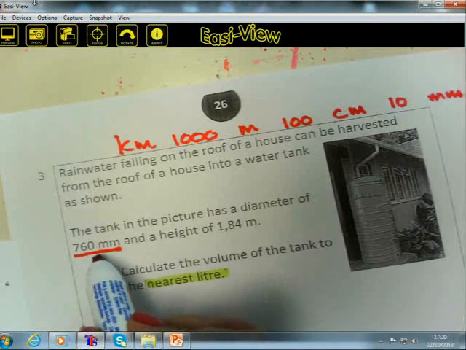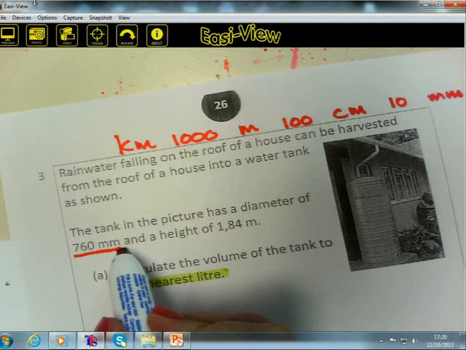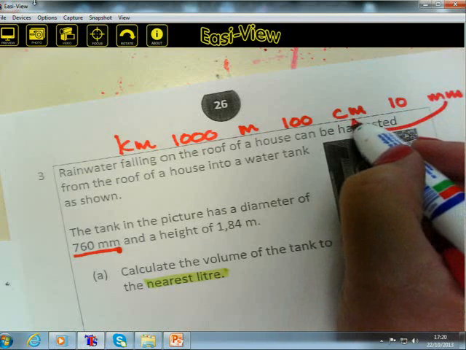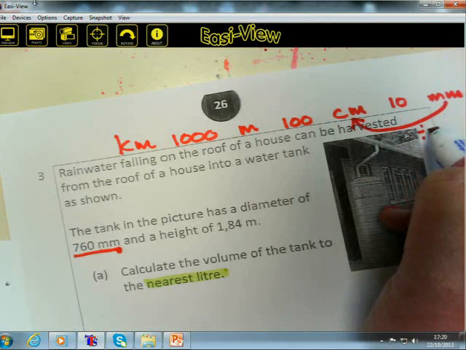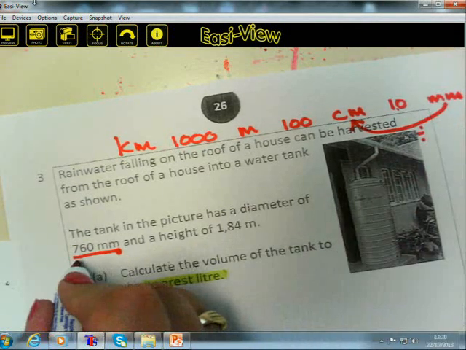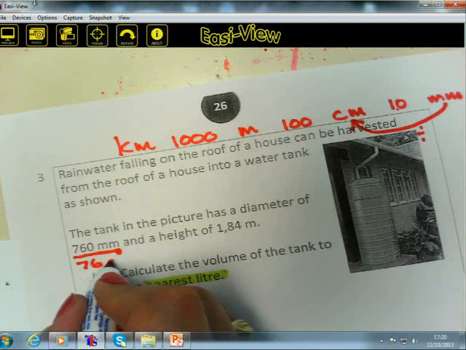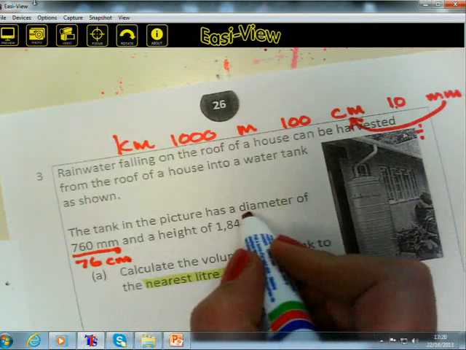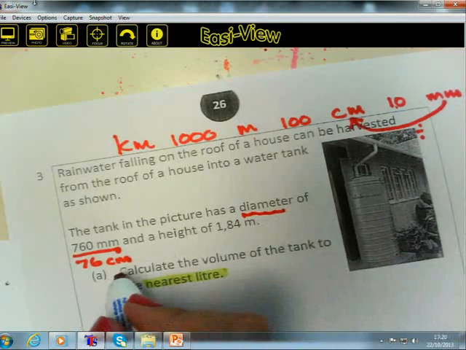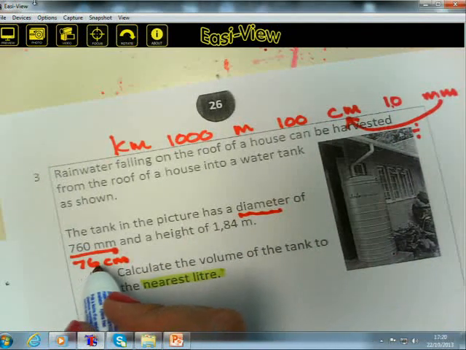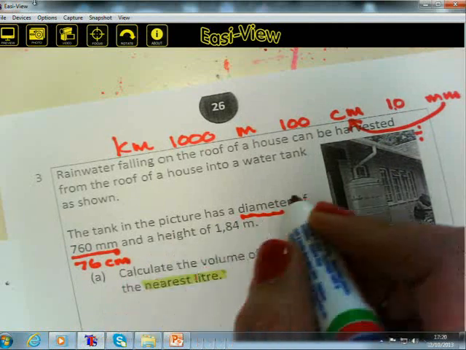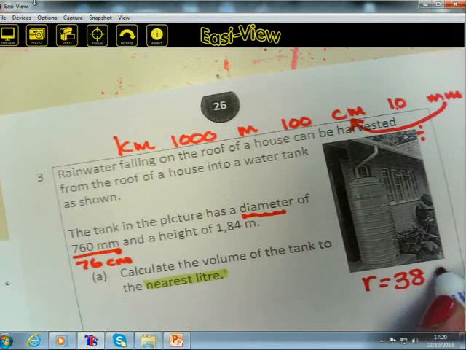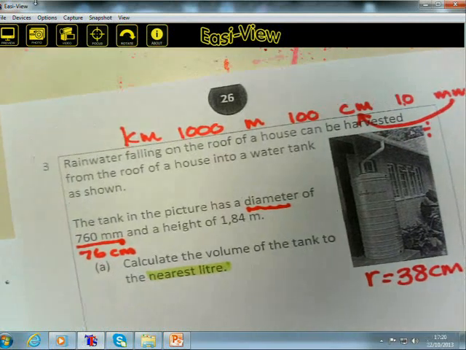Then 760 millimeters, I want to take it to centimeters. Millimeters to centimeters, divide by 10. So it will be 76 centimeters. This is the diameter. If I want the radius, 76 divided by 2, so the radius is going to be 38 centimeters.